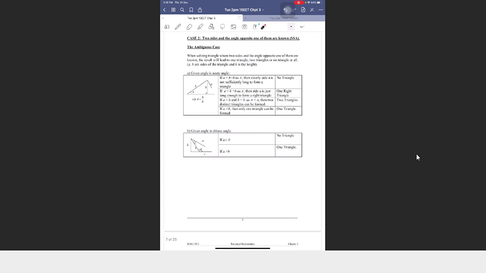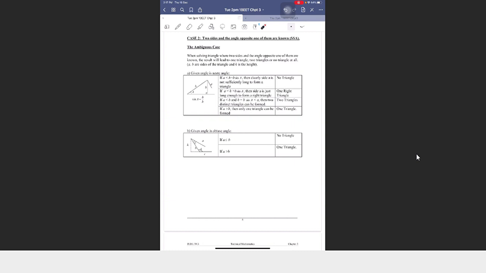And for this type of case, we call it the ambiguous case. Why? Because it may lead you to solve for one triangle, or it can lead you to solve two triangles, or it can also lead you to no triangles at all. No triangle means no solution.